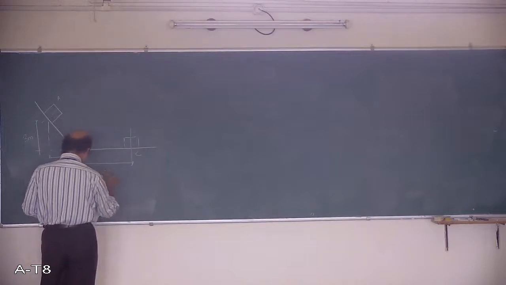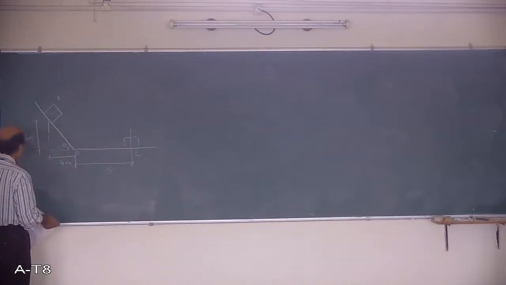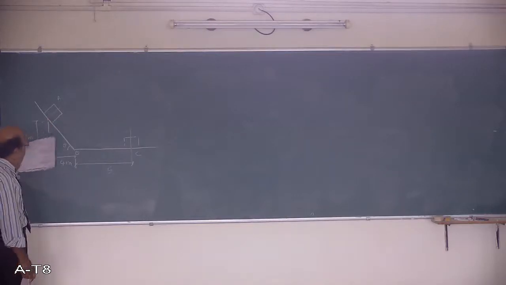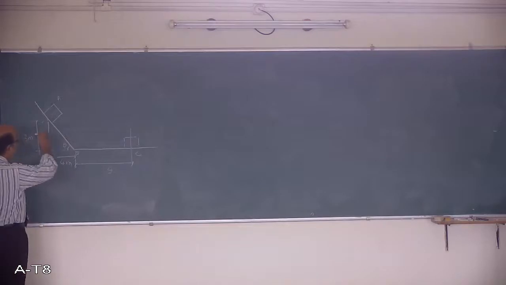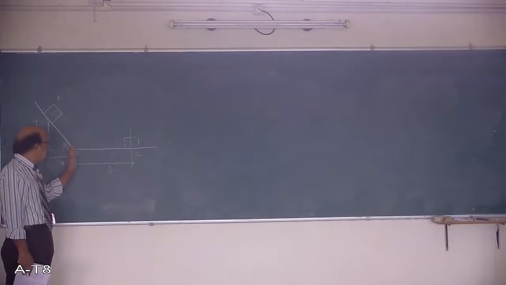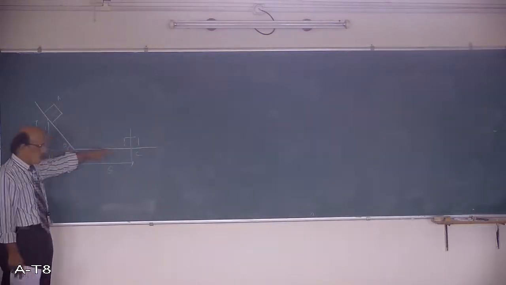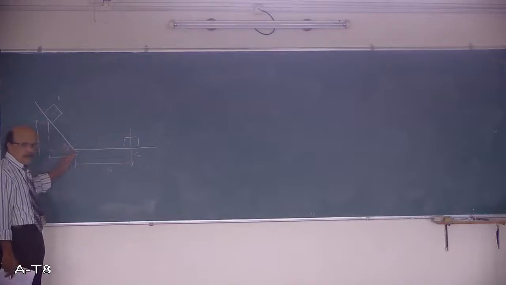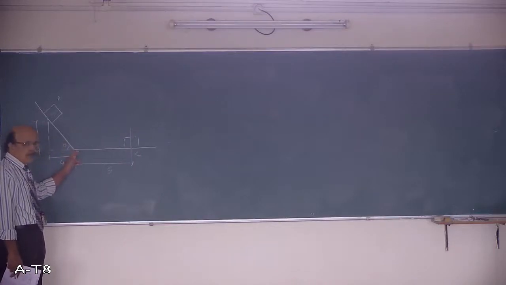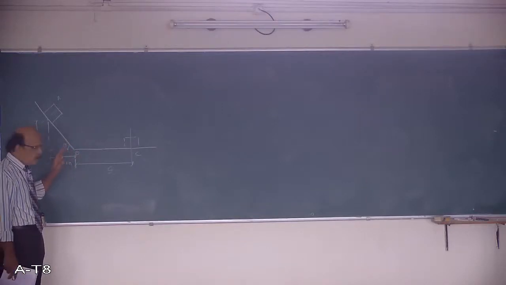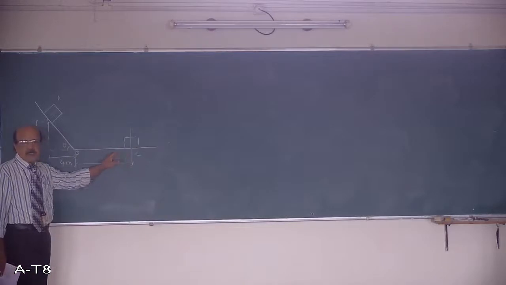The distance it travels we don't know. This is the point A from where the block is released, and as soon as you release it, it starts moving downwards, comes to this point, and then it becomes horizontal, up to the point B. Due to the gravitational force, it achieves a certain velocity and momentum up to the point B, and then at that velocity, if you don't apply any other force, it may move up to a certain distance and halt.